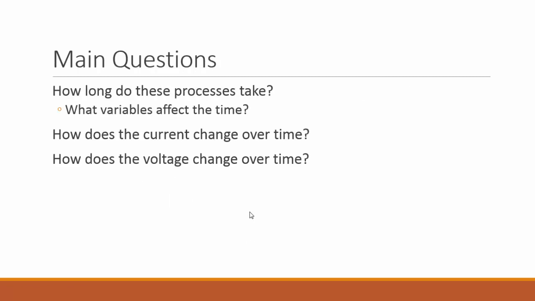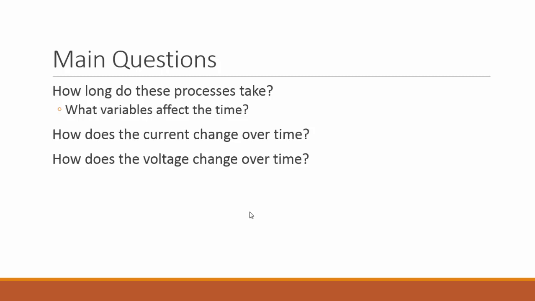When we look at these two processes, we are going to ask a couple of main questions. The main one is how long does this process take and what variables affect that time. And in terms of keeping track of these changes, we want to look at how the current changes over time and how the voltage changes over time. And also how the charge on the capacitor changes over time.